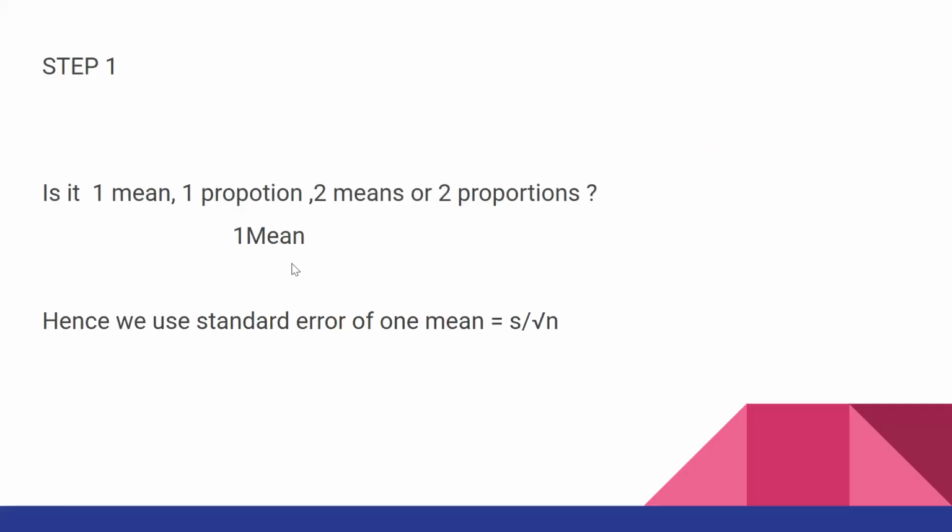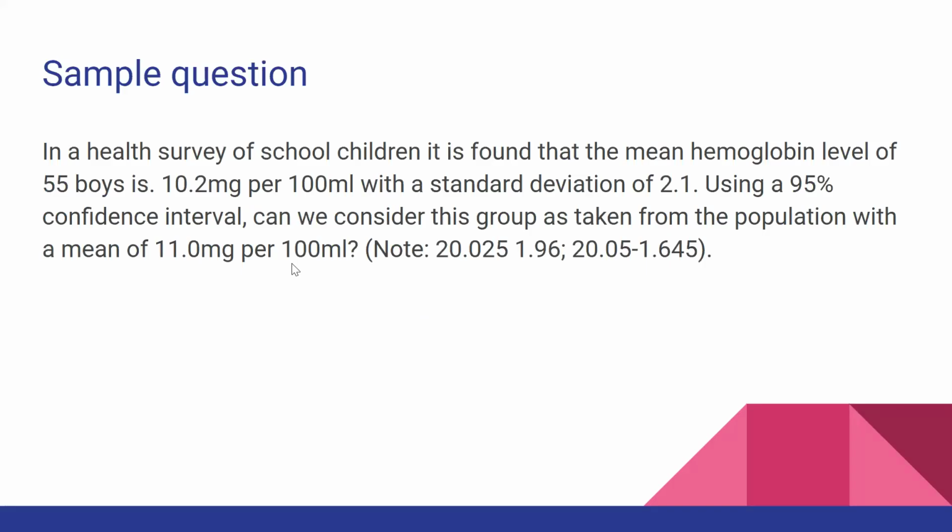What are we going to use for our standard error? Because we have identified that this is one mean, we are going to use the standard error of one mean. Standard error of one mean is calculated as standard deviation divided by the square root of n. For someone to quickly calculate it for us, what is the standard deviation from the sample question, and then let's divide it by the square root of n. 0.283.